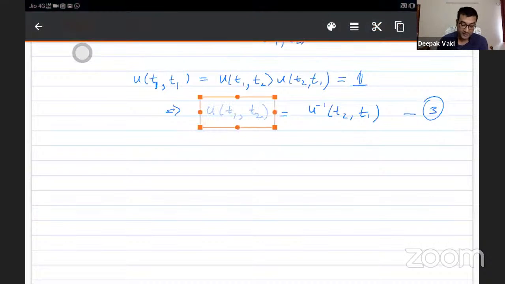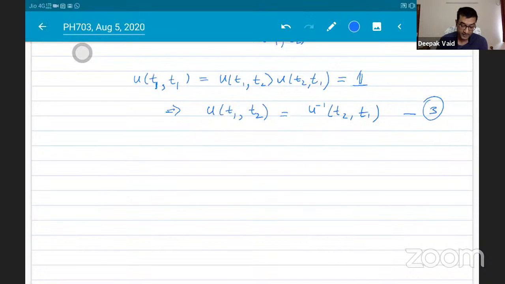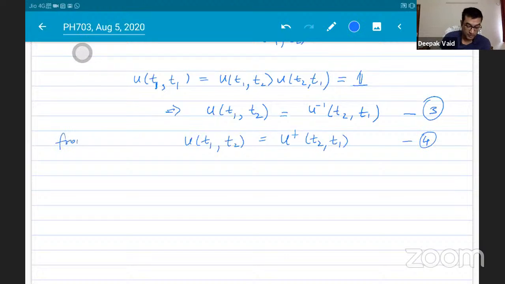So if this guy is the inverse of this guy, then I can write U of t1, t2 as U of t2, t1 Hermitian conjugate, right? This is from the unitary property. I get this result.